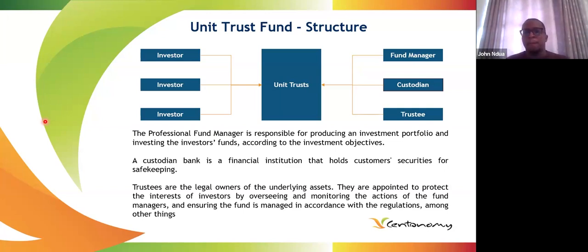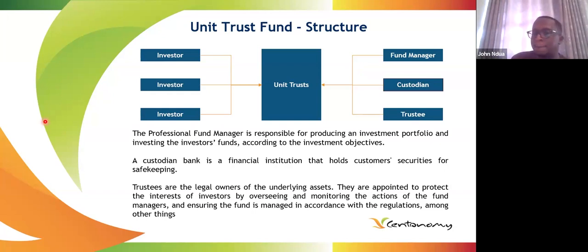Number two, it employs the following people: fund manager, custodian, and trustee. What is their work? The fund manager is supposed to invest for you. These are people who are licensed and qualified to make investments and also do investment research. Number two, the custodian is the legal safekeeper of your money.